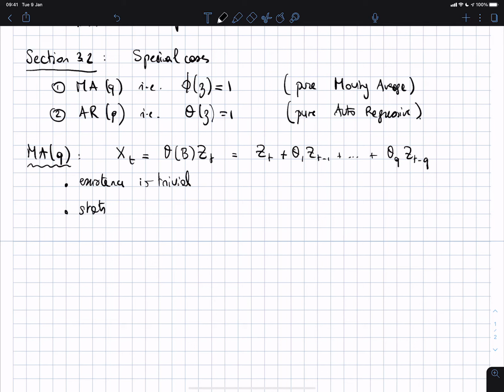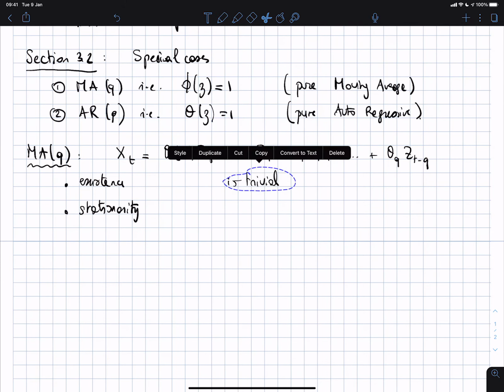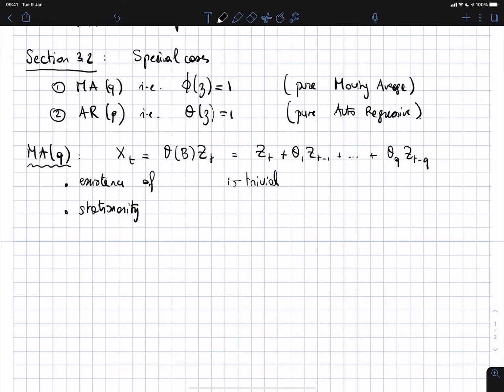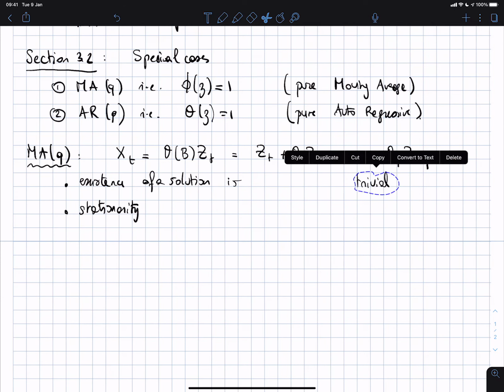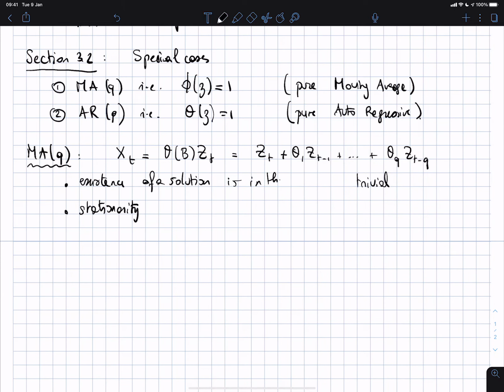Stationarity of the solution, existence of a solution to this equation is, in this case, trivial. Stationarity of this solution is, and it's something I'm not going to do again because I really think it is easy.